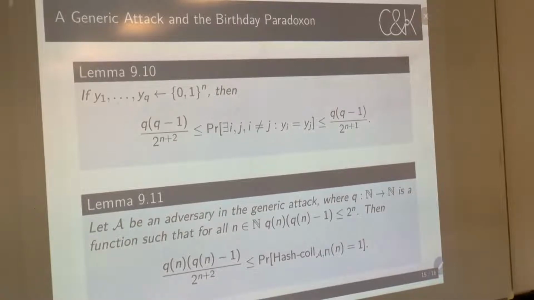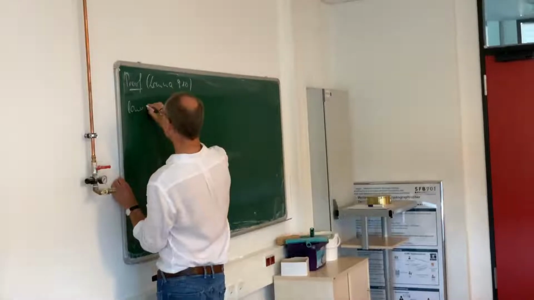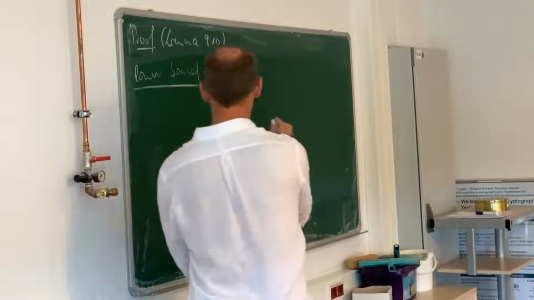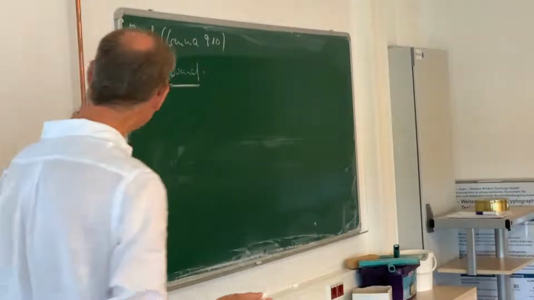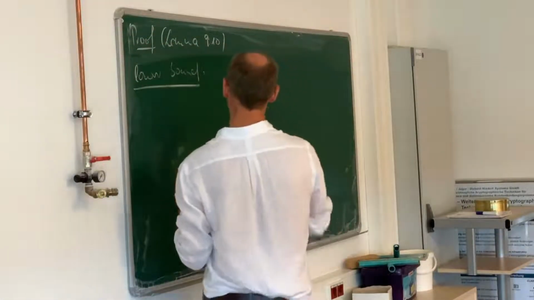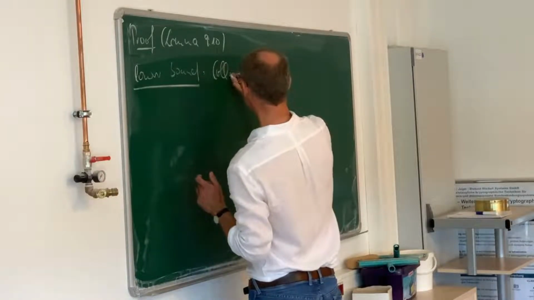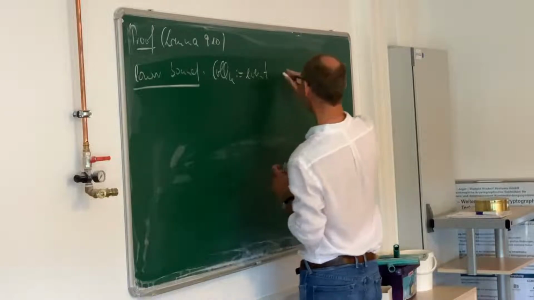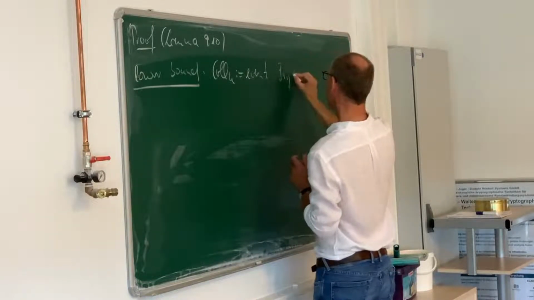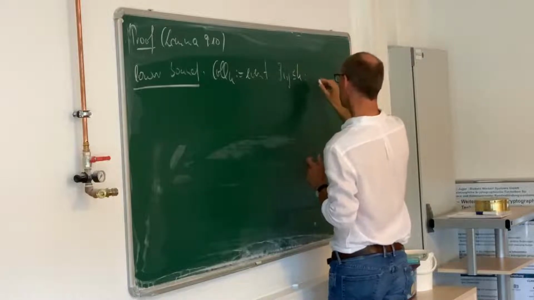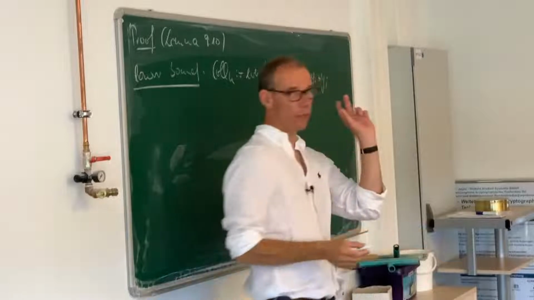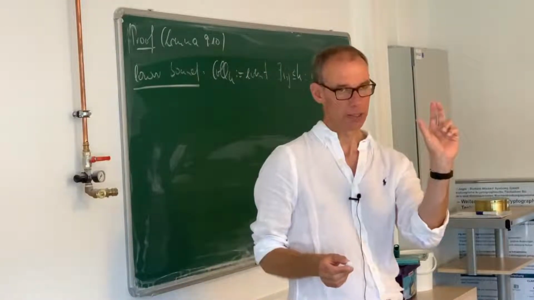So lower bound. Denote by collision K the event that the collision exists, I, j less than K, such that yi is equal to yj. So among the first K elements, there's a collision.